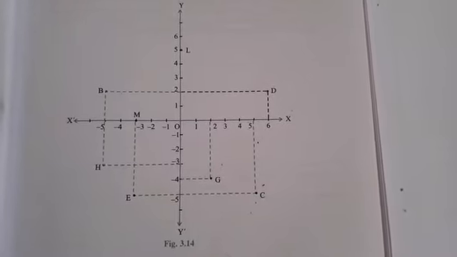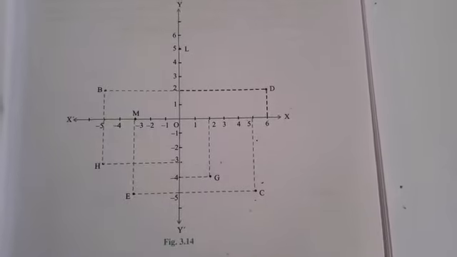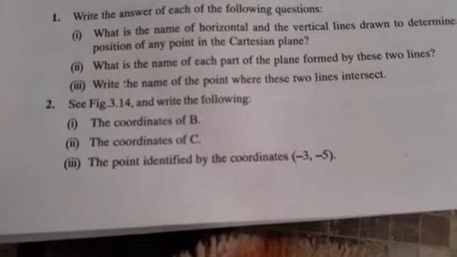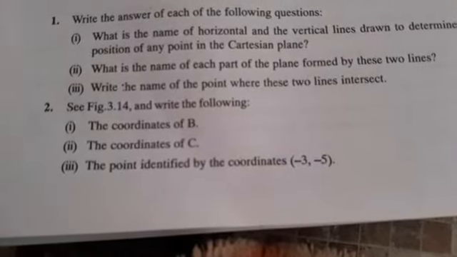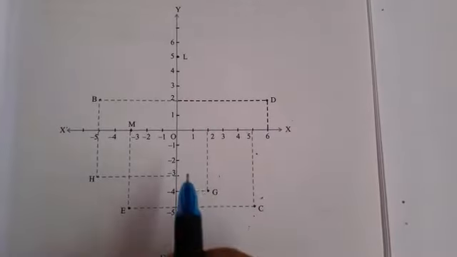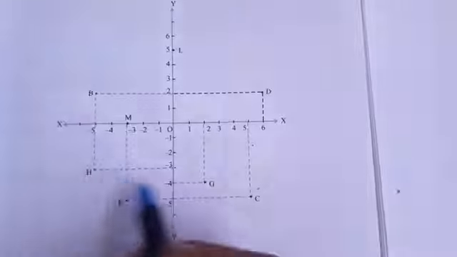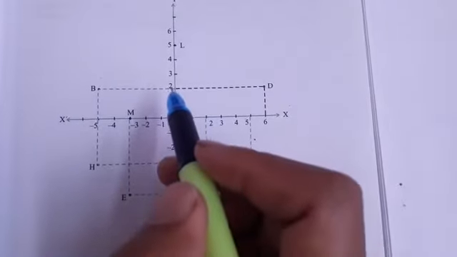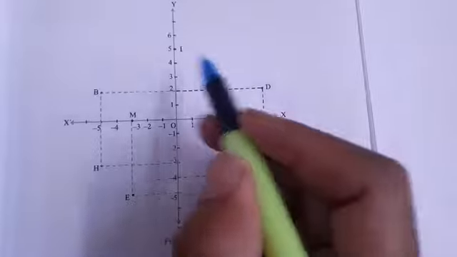Considering this figure, we have to answer the following questions. Okay, so the coordinates of B. Students, you need to draw this figure in your copy and write the answer. Point B is here, in the second quadrant.